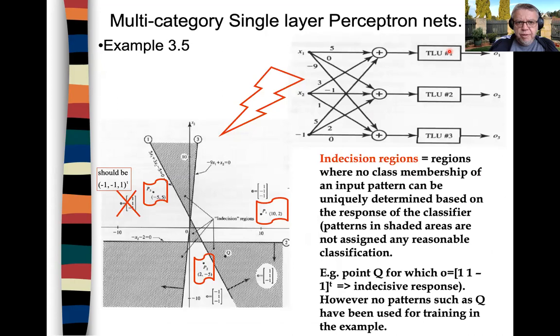So if we have this example where we have a single layer of neurons with 3 nodes, with 3 perceptrons, this is our input pattern, x1, x2, and -1, where these values correspond to the threshold for unit 1, which is 5 in this case, the threshold for neuron 2, which is 2, and the bias for perceptron 3, which is 0, okay?